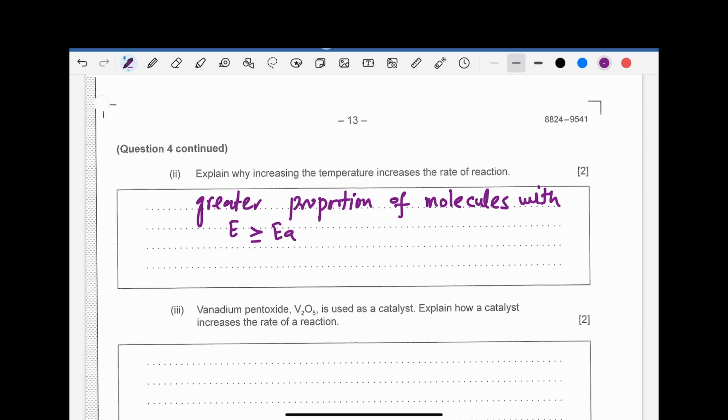That will give us 1 mark. For the second mark, we need to write greater frequency of collision. Or we can say more collisions per unit time.